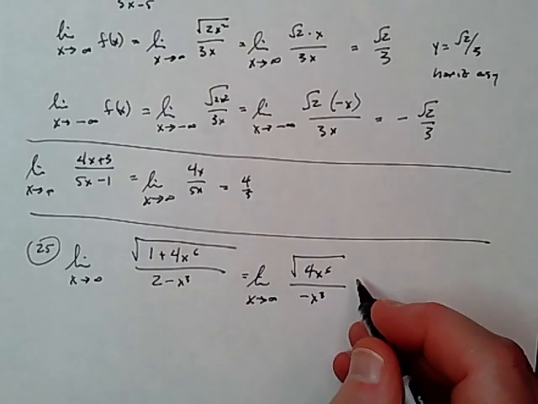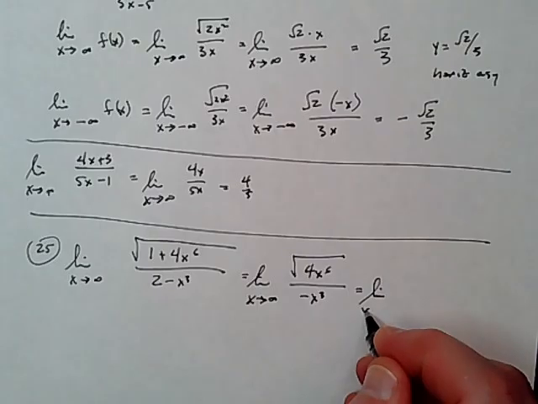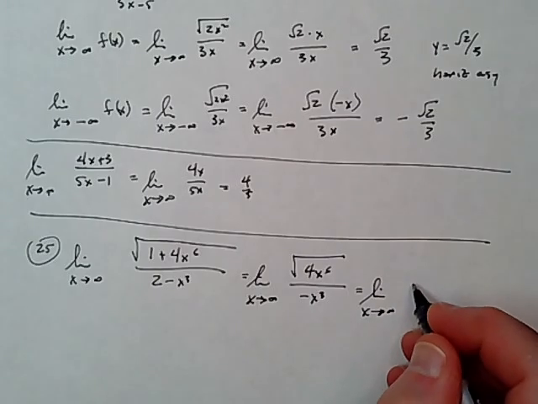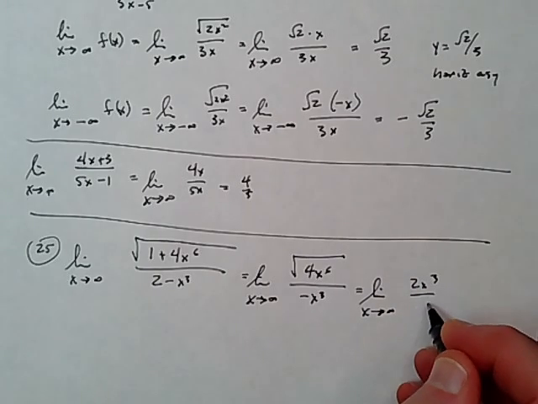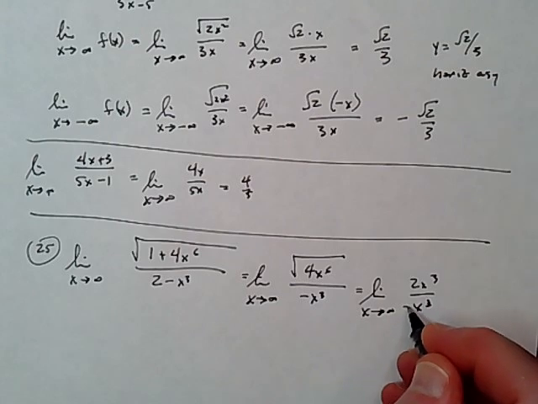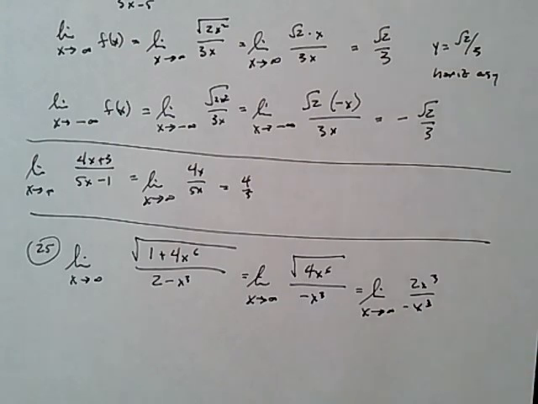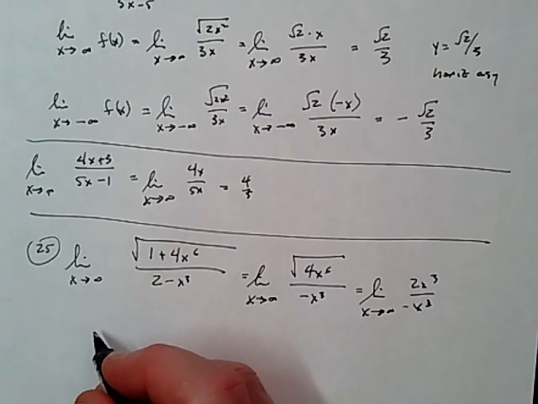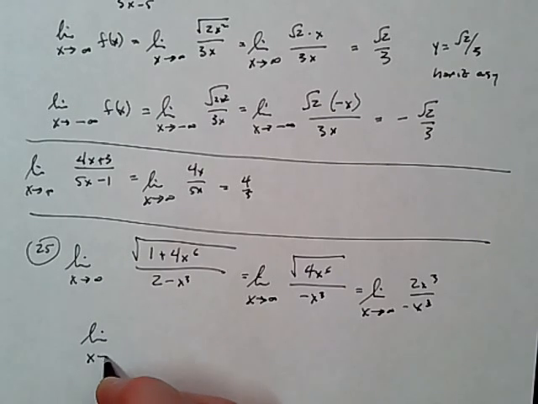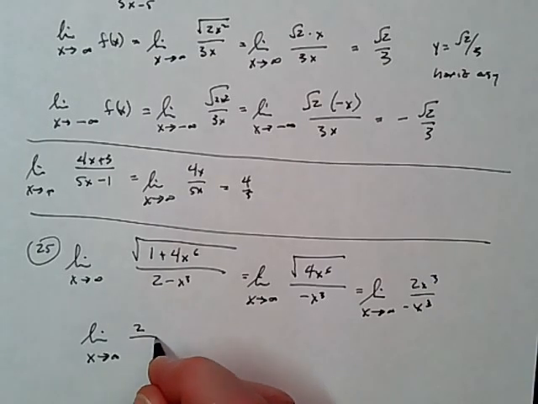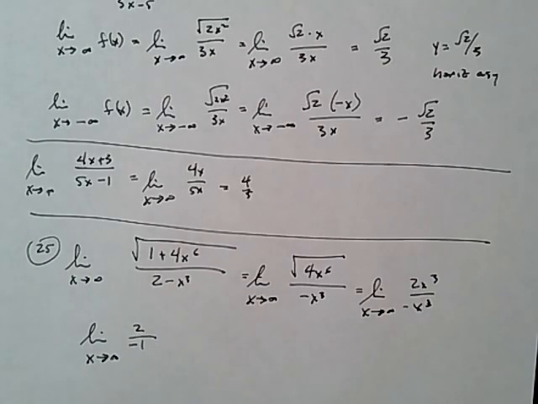So I take the square root, and I've got the limit as x goes to infinity of 2x to the 3rd over x to the 3rd with a minus sign in front of it. Carrying that down to the next line, I've got the limit as x goes to infinity of 2 over minus 1. And so just simply looking at minus 2.